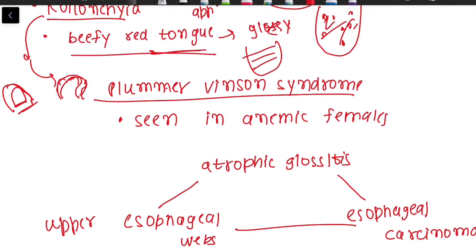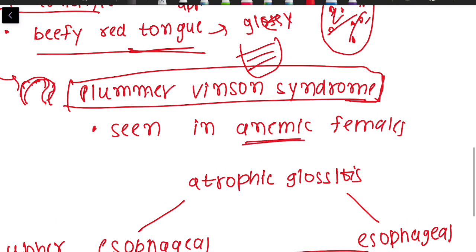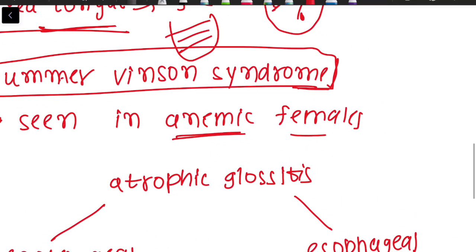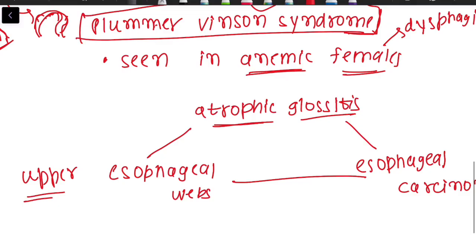And one more very important thing, which is rare, not that commonly seen, but it is seen in anemic females especially, and that is Plummer-Vinson syndrome. You should rule this out only when that anemic female also presents with dysphagia. Then you should surely rule this out, because basically this is a triad of 3 symptoms: anemia, atrophic glossitis, and upper esophageal webs.